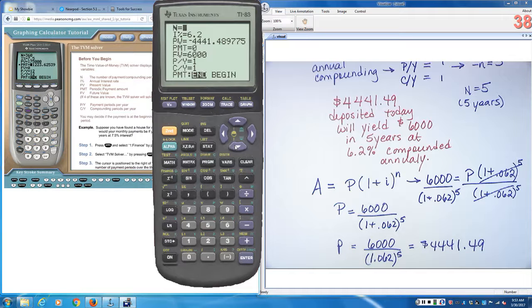Well, 9 years semi-annually is 9 times 2, twice a year. The interest rate is 2%, so just put in a 2. We're looking for present value, so we enter a 0 for that. We're not going to make any payments, so you leave a 0 for that. And then your future value is $16,000.